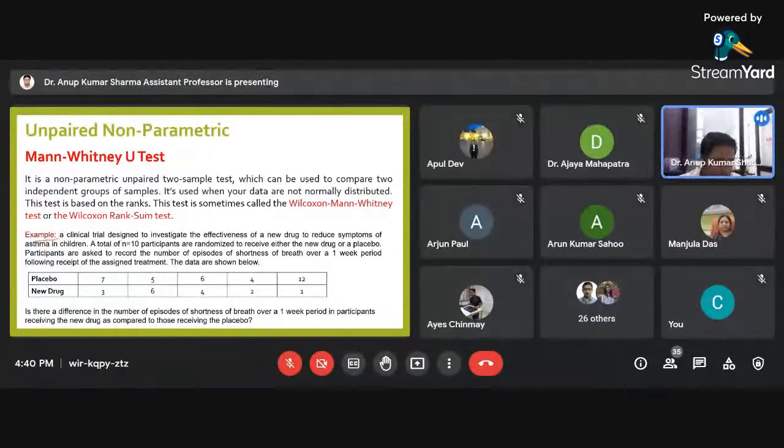One example: a clinical trial designed to investigate the effectiveness of a new drug to reduce symptoms of asthma in children.